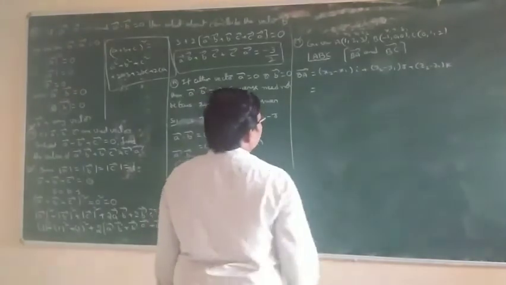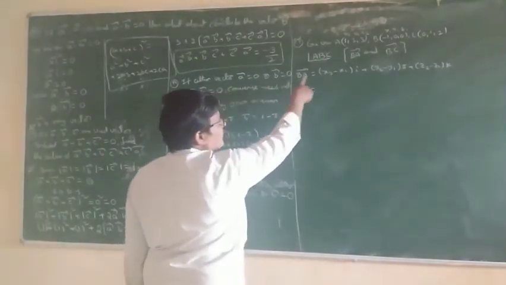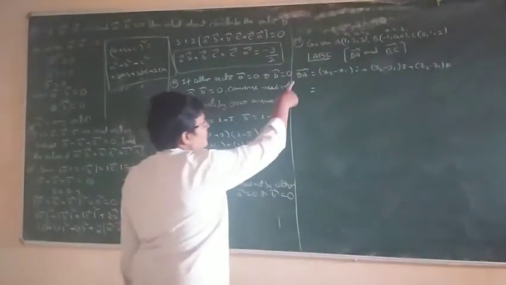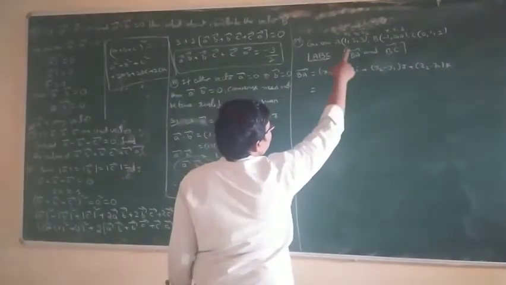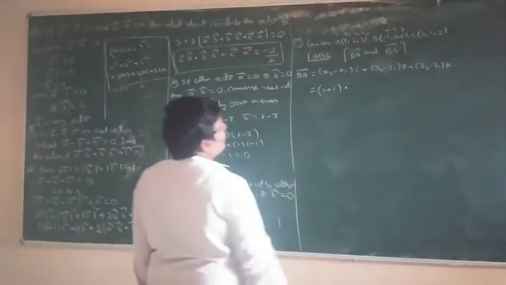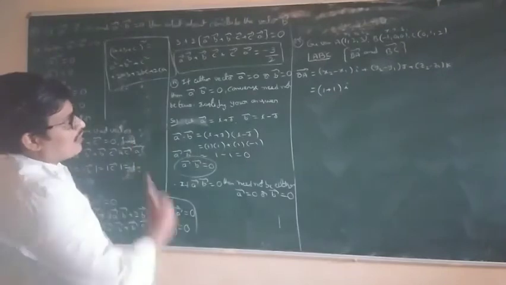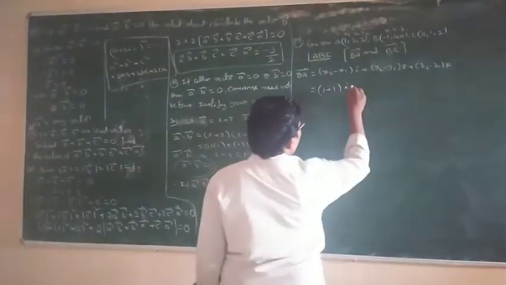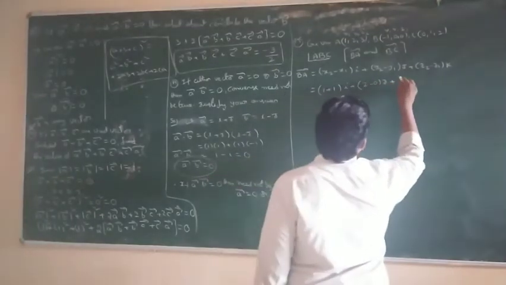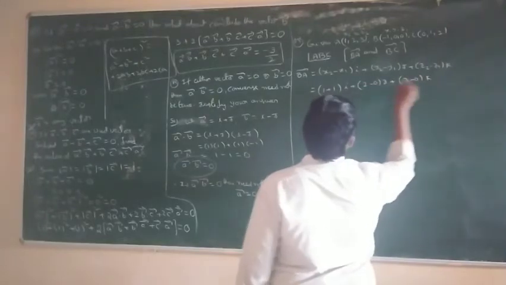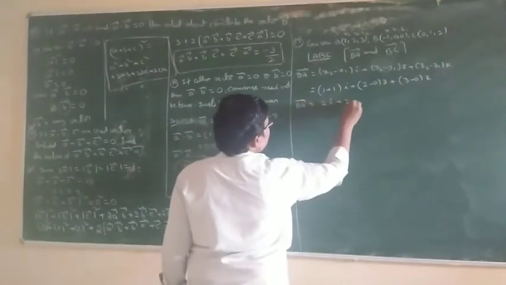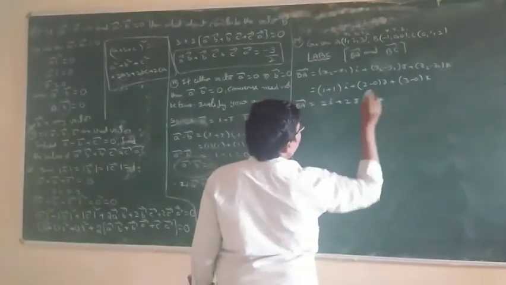So x2 minus x1: 1 minus of minus 1 plus 1, plus y2 minus y1: 2 minus 0 into j, plus z2 minus z1: 3 minus 0 into k. So BA bar is equal to 2i plus 2j plus 3k.